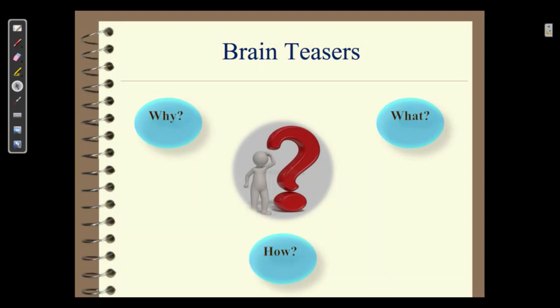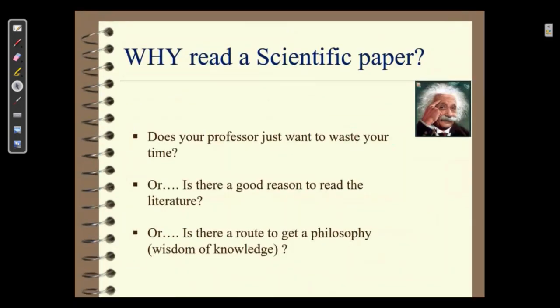Then we will analyze how we can do these things in our lab or in our research groups. So these are some questions we have to ask ourselves, and then we need to focus our research based on these three important questions. So the first thing is why we need to read a scientific paper.